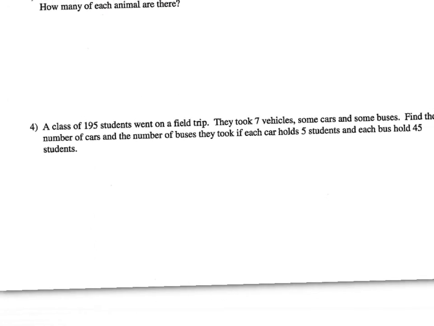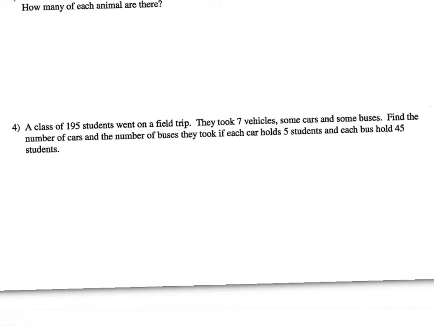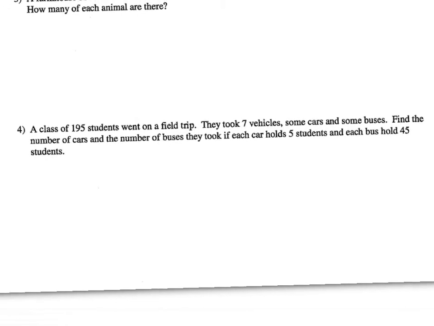Okay, let's try another one. We're going to look at number 4. It says a class of 195 students went on a field trip. They took 7 vehicles, some cars and some buses. Find the number of cars and number of buses they took if each car holds 5 students and each bus holds 45 students. Once again, you want to write an equation where one of them talks about the number of vehicles and one of them talks about the number of total kids in each type of vehicle.